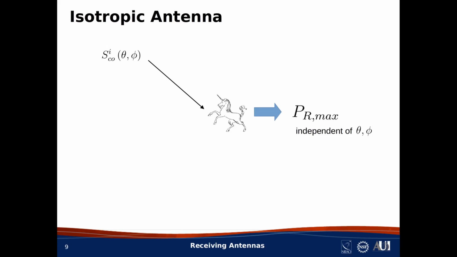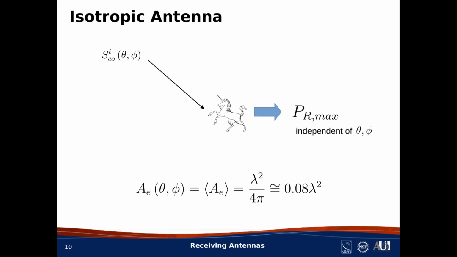We have an antenna whose effective aperture is constant with direction. What is that constant value? Well, we can figure that out quite easily using the antenna theorem. For an isotropic antenna, the effective aperture in any direction is equal to its average effective aperture. And the antenna theorem says that this average effective aperture has to be wavelength squared divided by 4 pi.